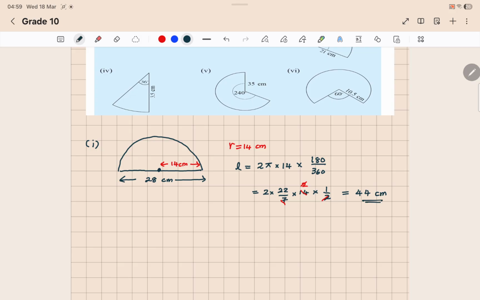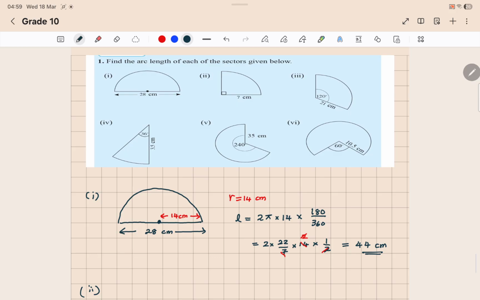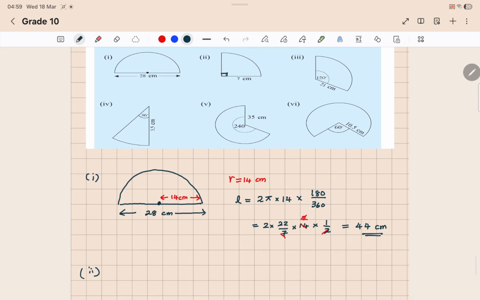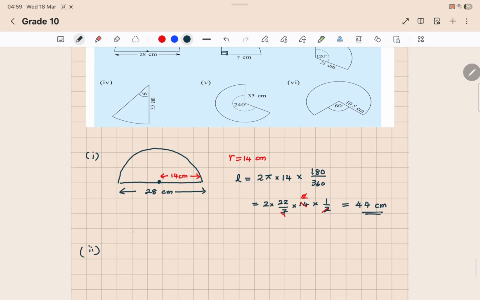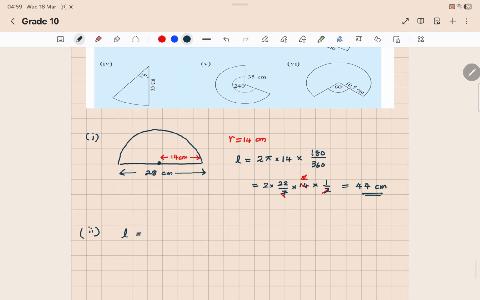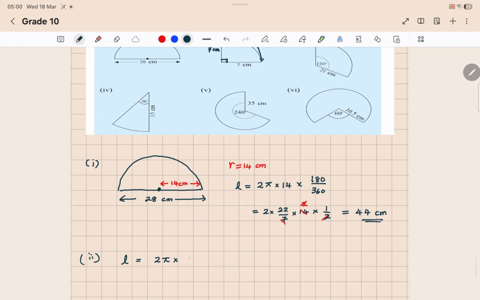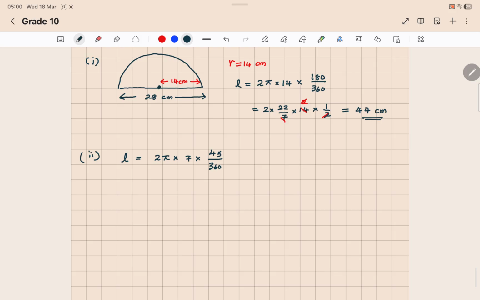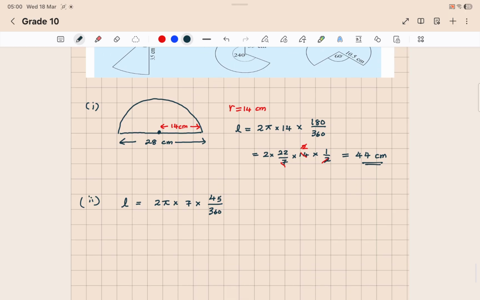Then let's look at the second one. The second one is a quarter circle. This is 90 degrees, and the radius is 7 centimeters. So what is the arc length L? That is 2 pi, radius is 7, times 90 over 360, the fraction of the circle.